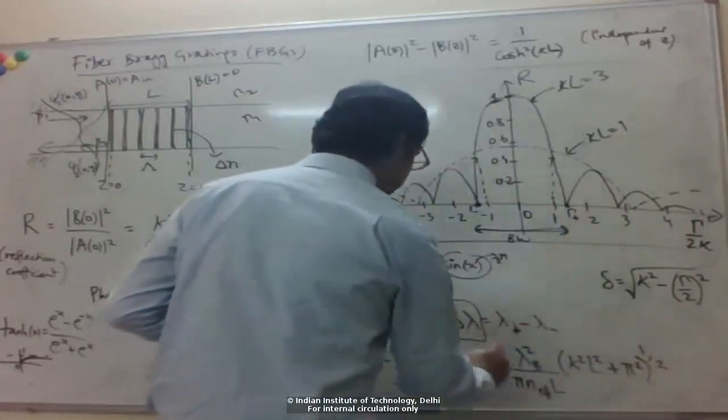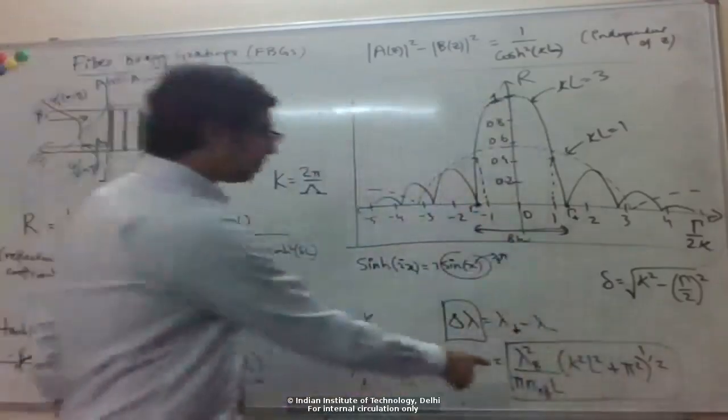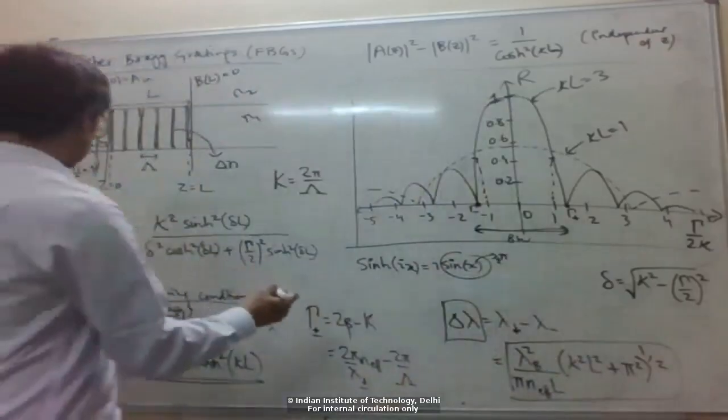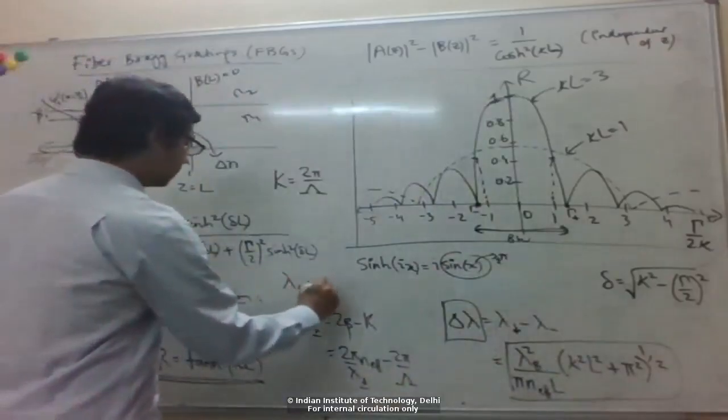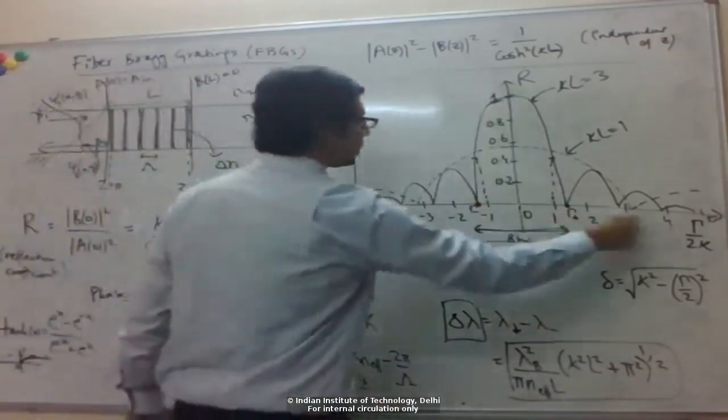Okay, so the bandwidth in wavelength units you get like this, where lambda b is the Bragg wavelength. So lambda b is where this condition is satisfied, capital gamma is 0.